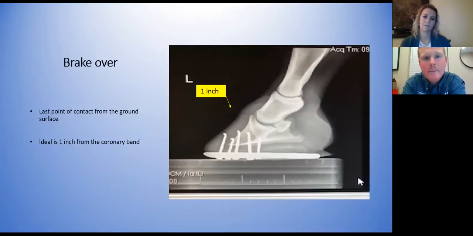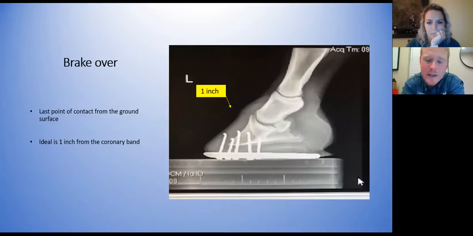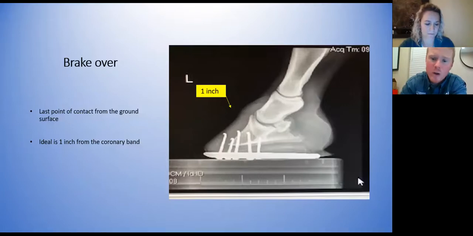The other area that you want to inspect, especially in the same x-ray in these horses' feet, I'm sure some of you are already asking, well, is the toe too long? Okay, when we have a longer toe or an elongated toe, you worry about breakover. And so the other angle is the breakover.